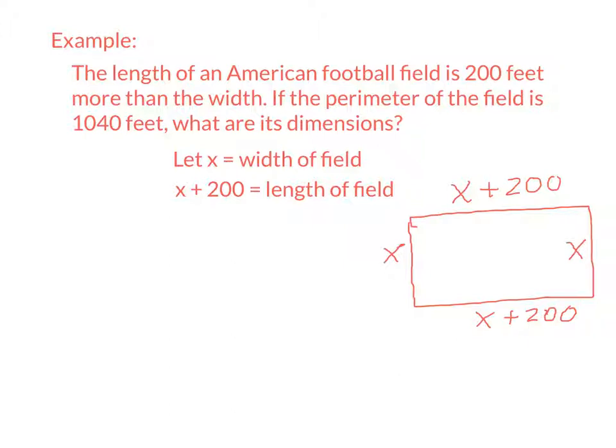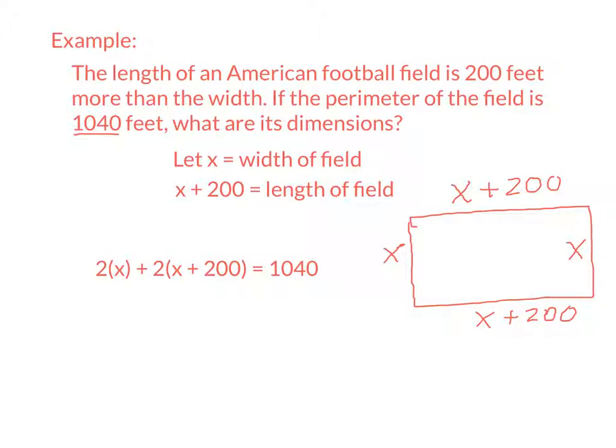And what do we know about the perimeter? Well, if you go back to the original problem, it tells you. It says the perimeter of the field is 1,040 feet. So this should tell you what you're going to get for an equation. And your equation is going to look like this.